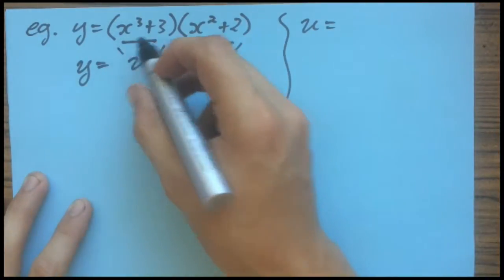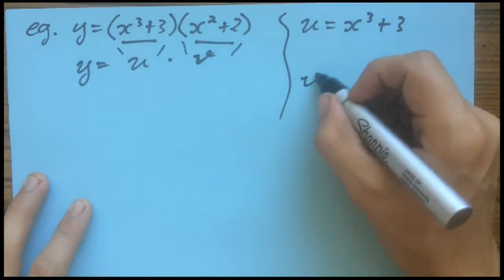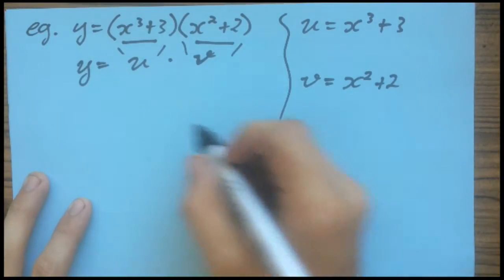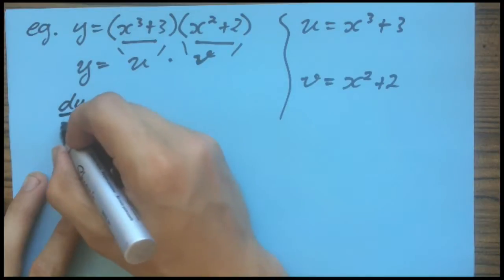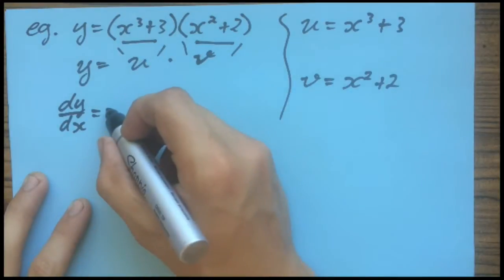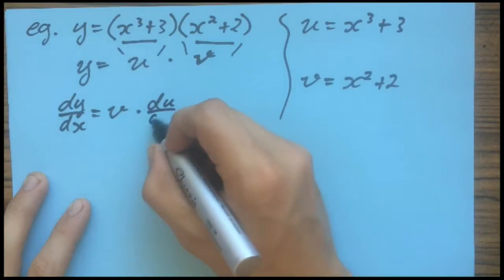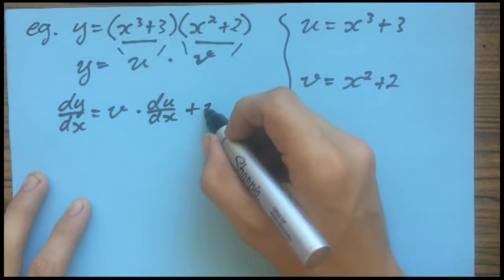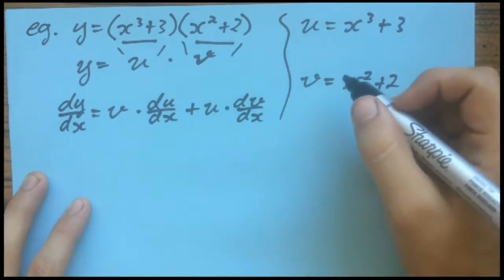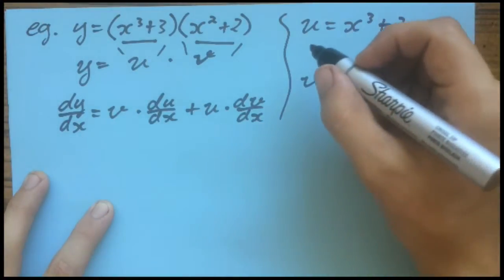So u equals x to the power of 3 plus 3, and v equals x squared plus 2. Now the derivative of y with respect to x is v multiplied by the derivative of u with respect to x plus u multiplied by the derivative of v with respect to x.